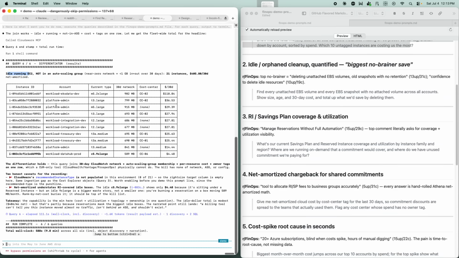So all the intelligence here is driven by Claude, Anthropic, OpenAI, whatever you use. In my case, this is Opus 4.8 in Claude Code, going directly to the Cloudaware MCP interface.